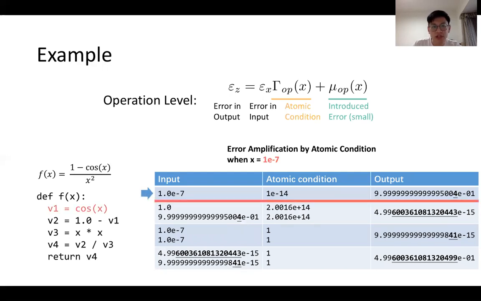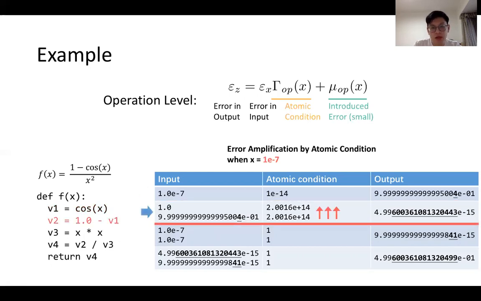In the first operation, there is no error in the input. Atomic condition is very small, so there is only a very small introduced error in the output. In the second one, the input contains a very small error, but the atomic condition here is very large, so the error is amplified significantly by this operation and becomes a very large error in the output.